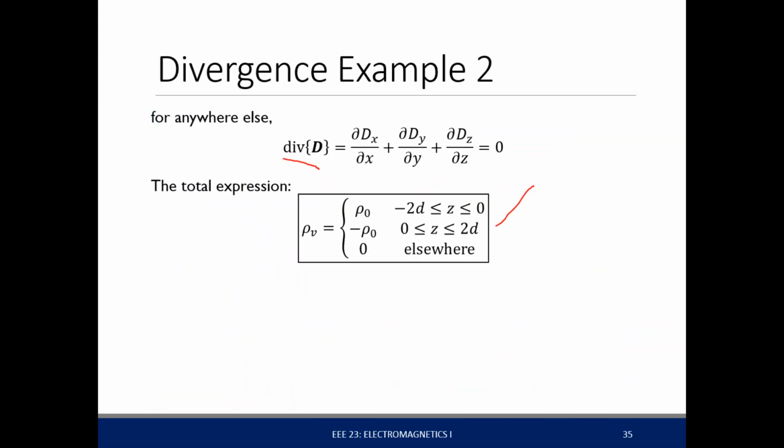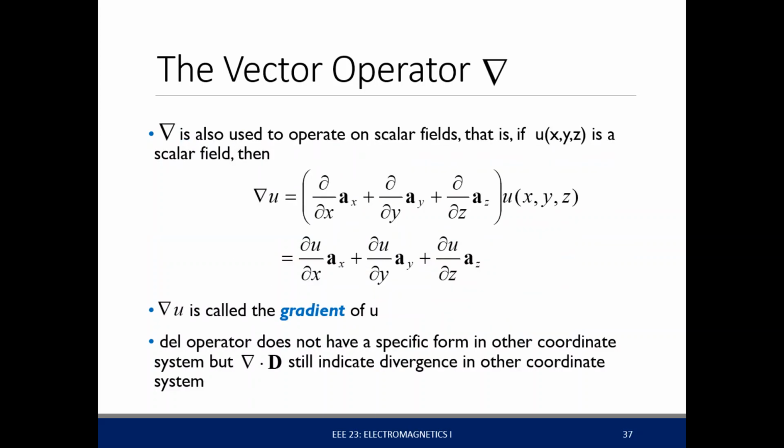Alright. So, for more information, this del operator can actually be used on scalar fields too. Okay? If we multiply del with a scalar field u, it's just the same as distributing that u to each component, kind of like just a scalar multiplication, and we get a vector result right here.